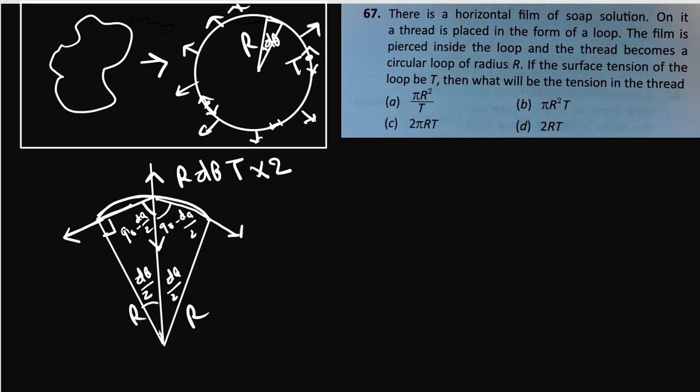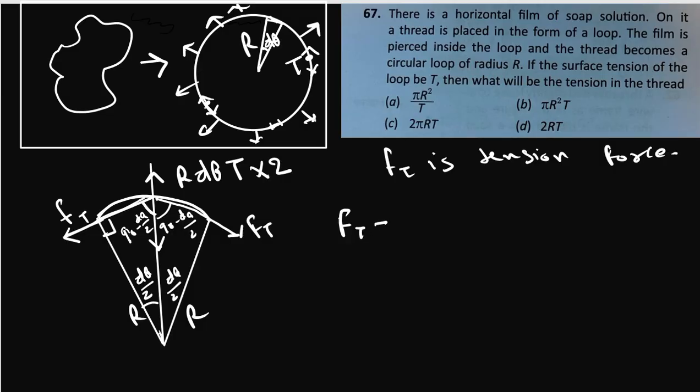And in this direction we have tension T, which we are calling tension force, Ft. So now what will be the component of Ft along this direction? It will be Ft cos(90 minus d theta by 2), meaning Ft sin d theta by 2.